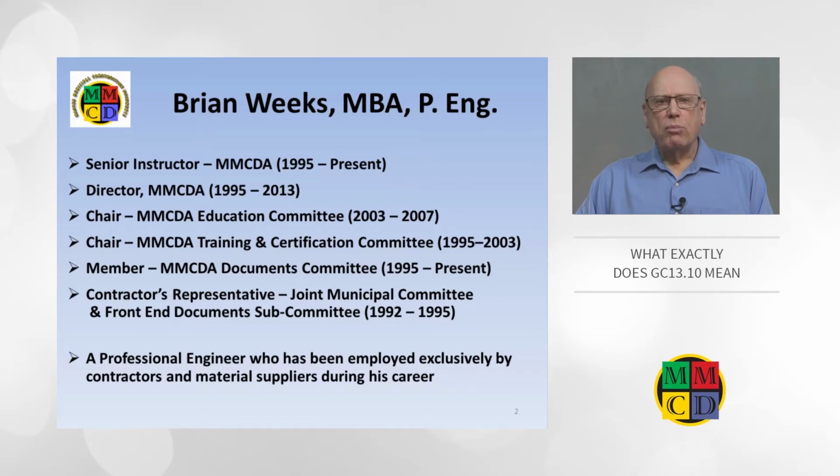The issue centered about what GC 13.10 really meant and how it applied. After quite some consideration, and with the advice from another member of the original Documents Development Committee, I realized the answer is not simple. Consequently, I thought it'd be a good idea to explain our thinking in a contract consideration video for the benefit of other users, both CAs and contractors.